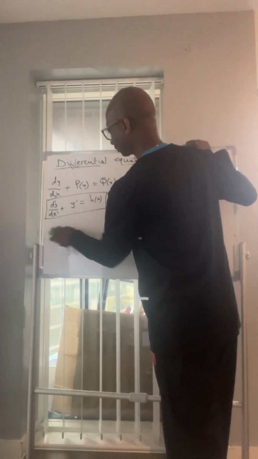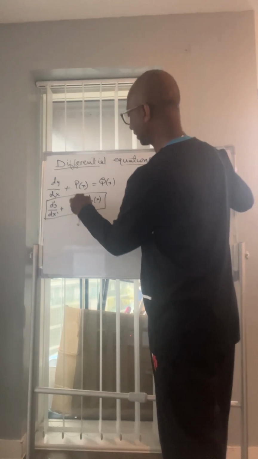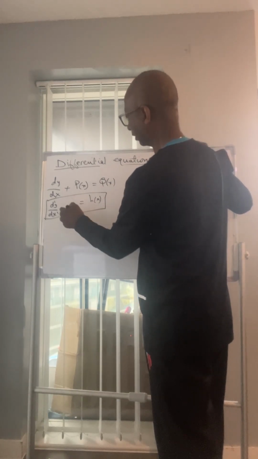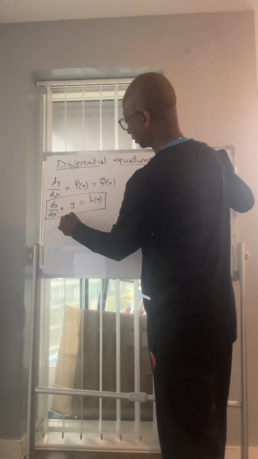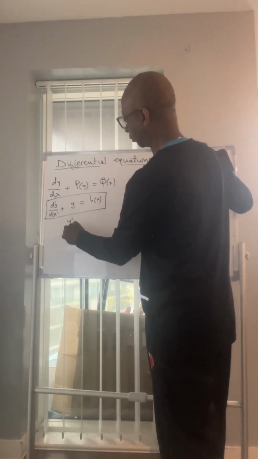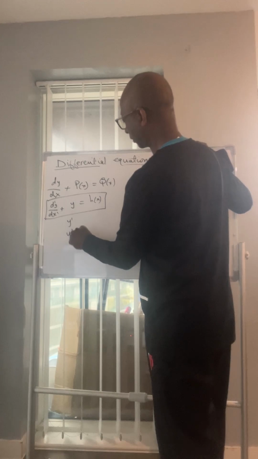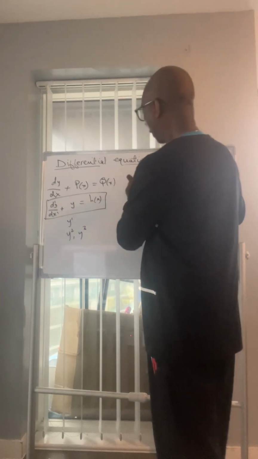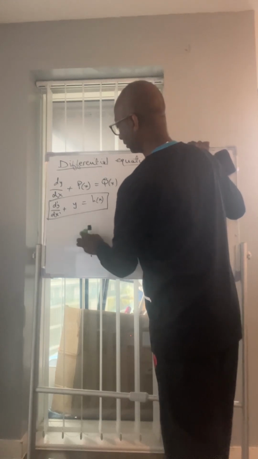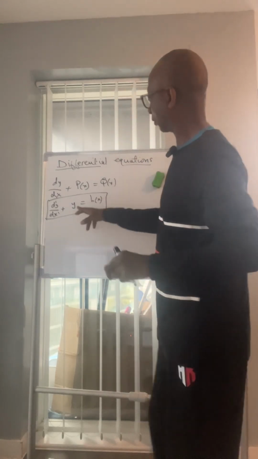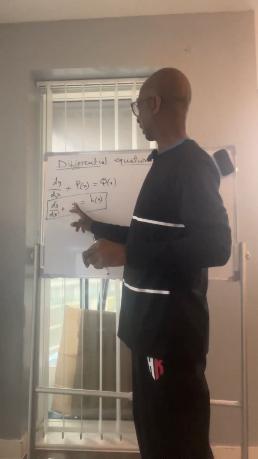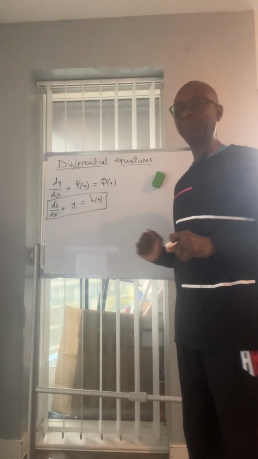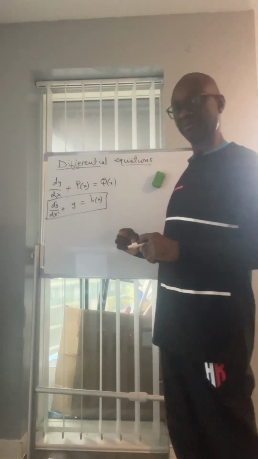And I've said this is linear. Why? Because the variable y here is to the power of 1. It is not the power of 2 or power of 3. And y can only appear here and here. If it appears elsewhere, it's going to be a function of y.